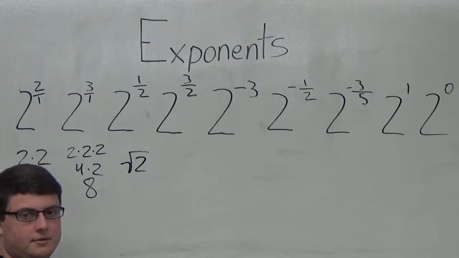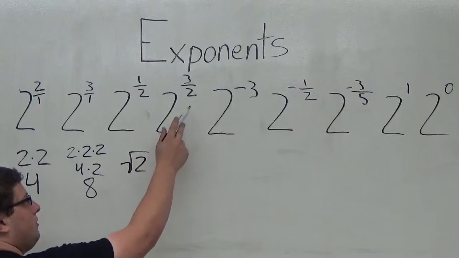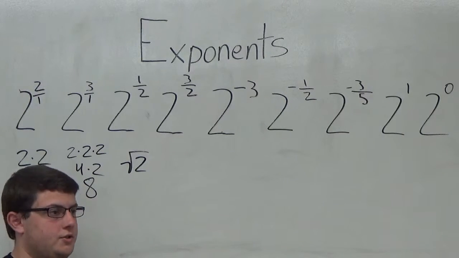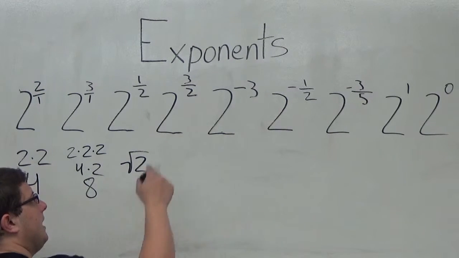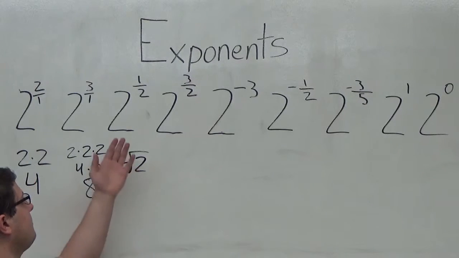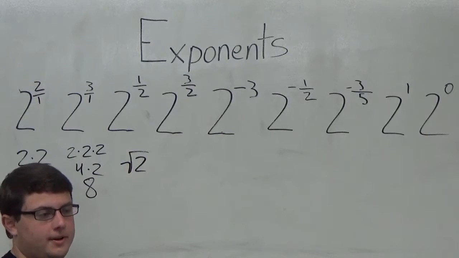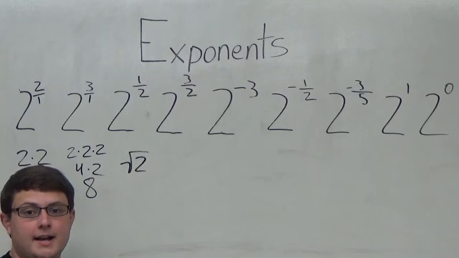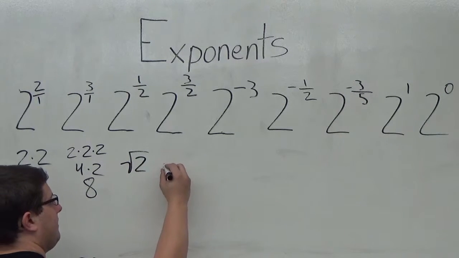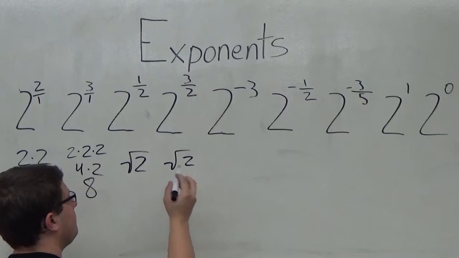Now for the next example, 2 to the 3/2 power. So, we know since we have 2 as a denominator, we're going to use the square root function somehow. But now we have this 3 as the numerator. And in these first examples, we also had whole numbers as the numerators. So we're going to combine both rules now. So what this is saying is we want to find the square root of 2 cubed.